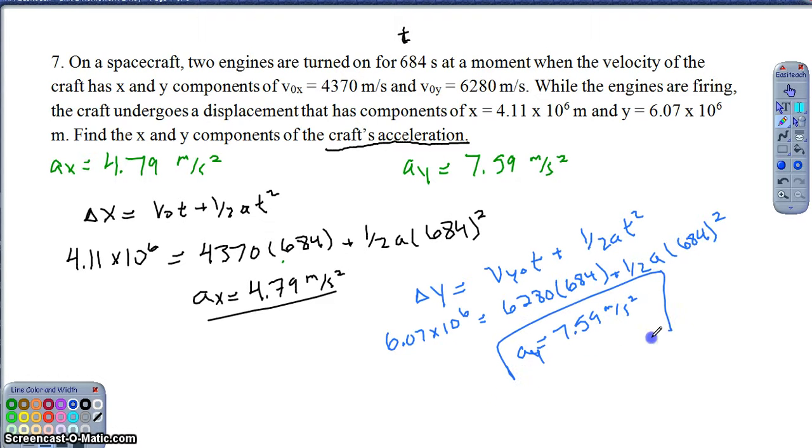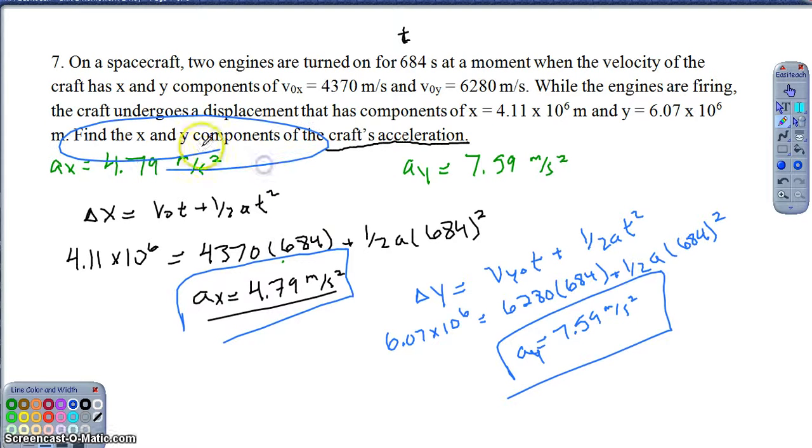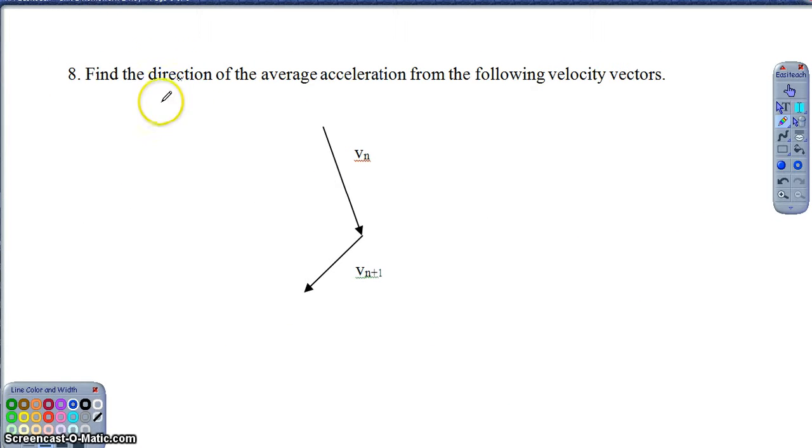Okay, so those are the two components, and they don't even ask me to find the resultant. They just ask me to find the x and y components of the acceleration. So at this point, I've set up my functions, and then I've solved them from there. Okay, so hopefully this wasn't too bad, particularly once we realize that it is supposed to be a constant or an average acceleration. And then the last question, you'll notice I actually did have a mistake on this one. It should have said find the direction of the average acceleration.